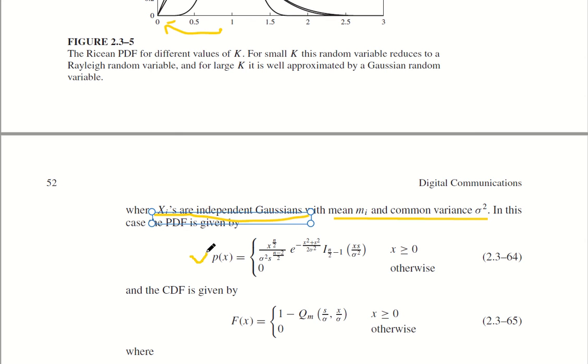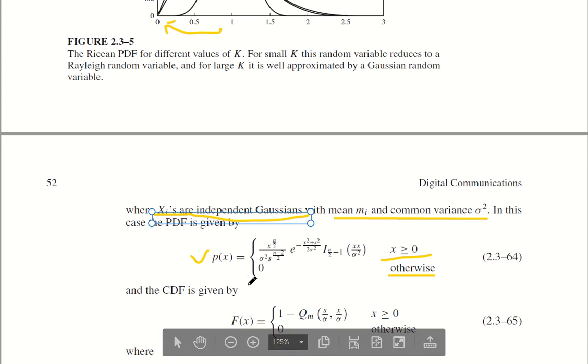In this case, the PDF is given by that, for x larger than 0, and you have the expression with x to the n divided by 2, an exponent of minus (x squared plus s squared), and the Bessel function of order n divided by 2 minus 1, and so on and so forth.